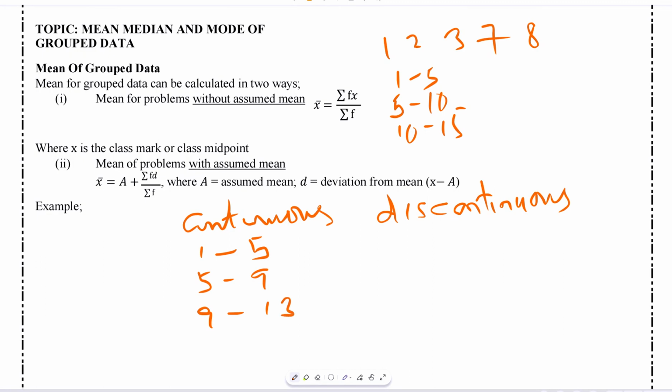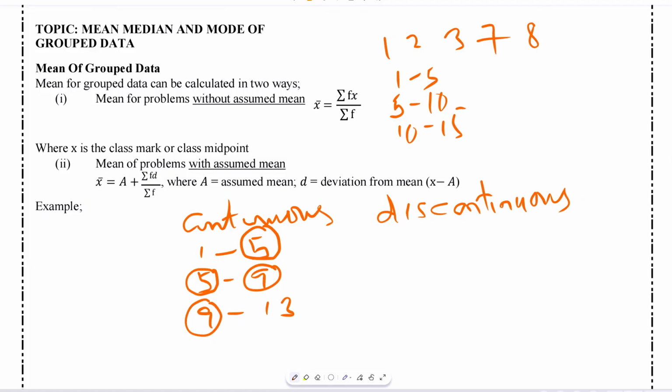These are continuous data. Why is it continuous? Because we have 5 here, and 5 is starting again. We have 9 here, and 9 is starting again. So when you have a continuous data, you do not always have class boundary.